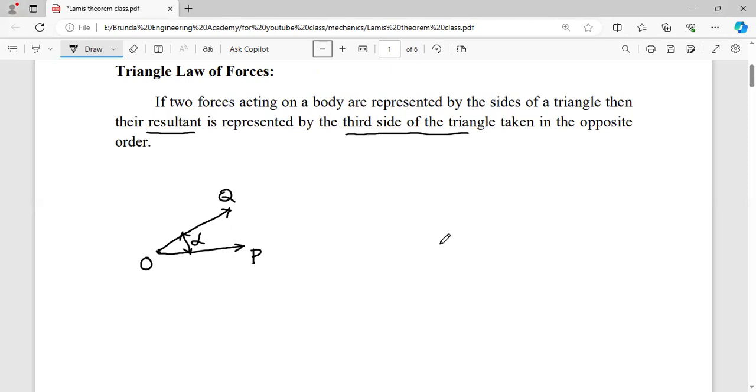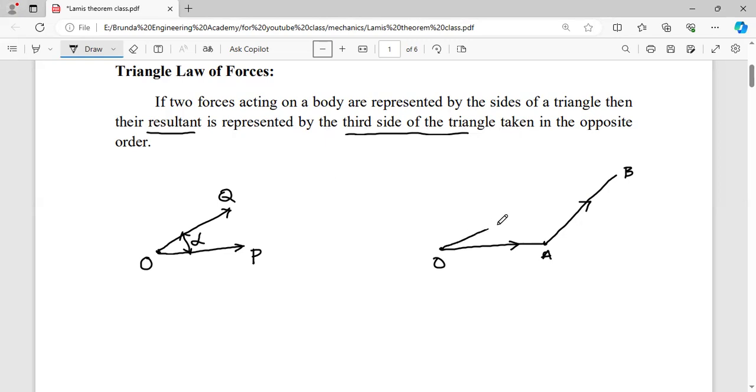For understanding, here is one force, that is P, and another force is another side. So here O, A, B. These two forces are acting as the sides of the triangle, then the resultant for these two forces is represented by the third side of the triangle.